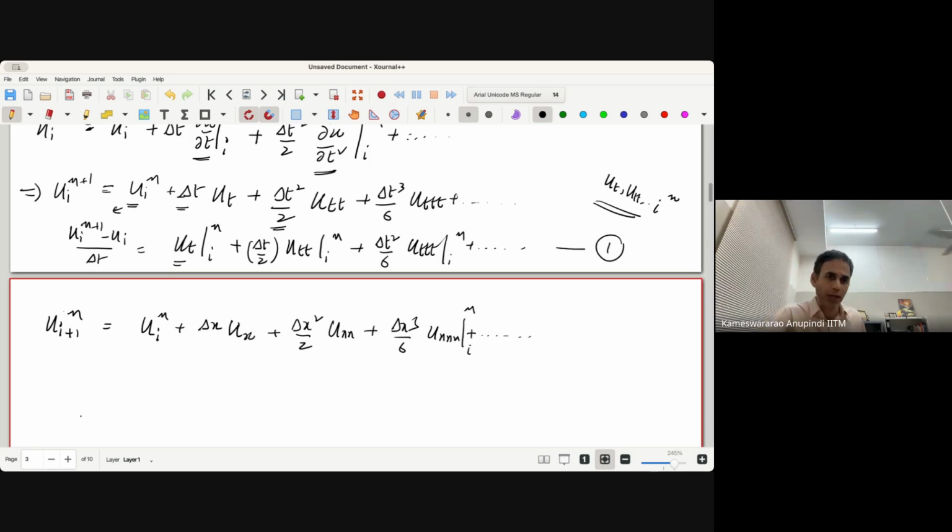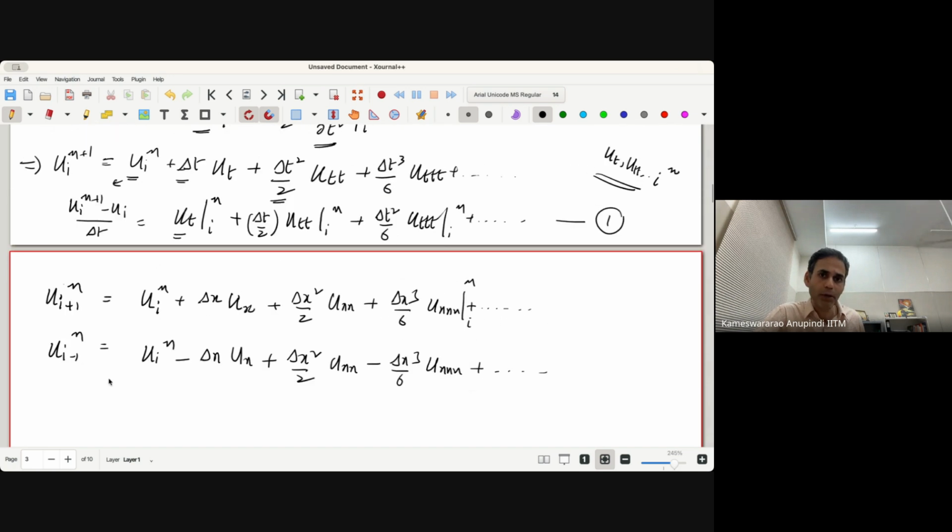Similarly, I can also write u_{i-1}^n. That is going to give me u_i^n plus, sorry, because this is minus, we're going to get the odd terms as minus and the even terms as plus: delta x squared by 2 u_xx, minus delta x cubed by 6 u_xxx, and then plus, and so on.